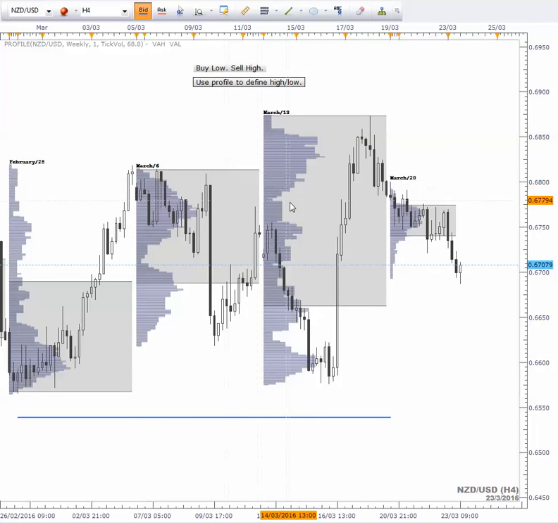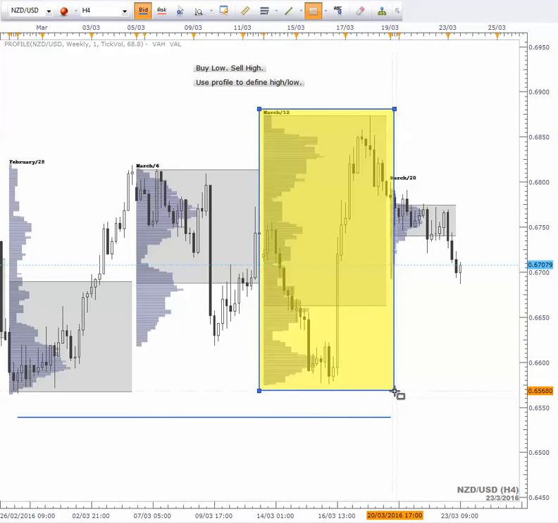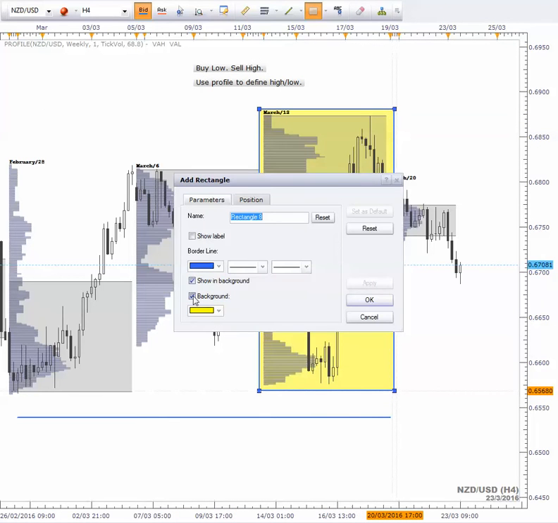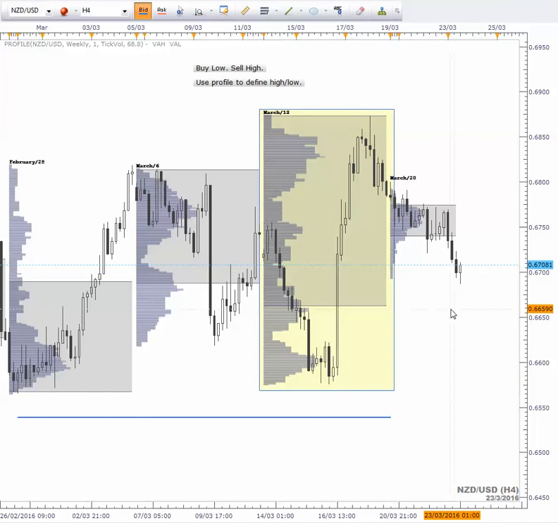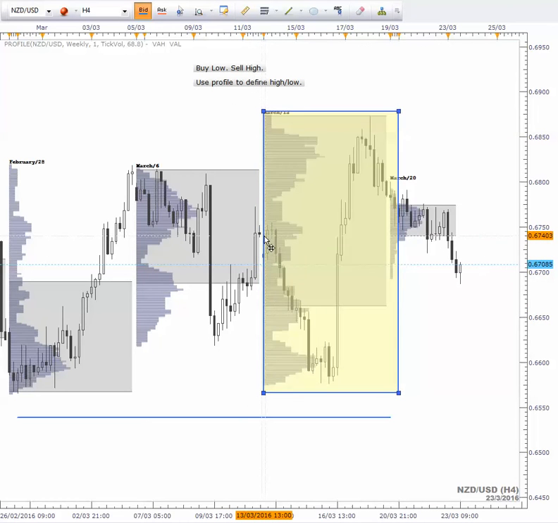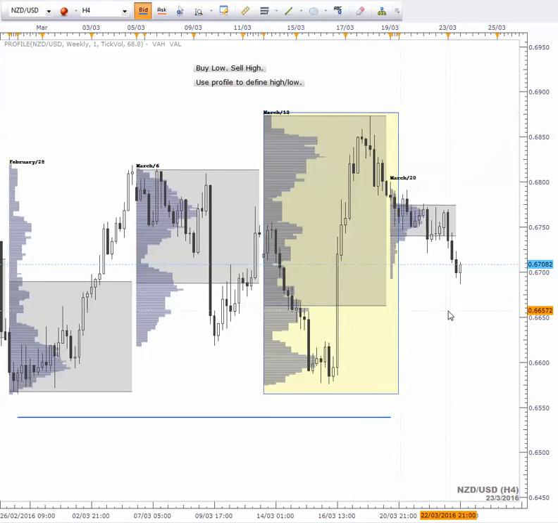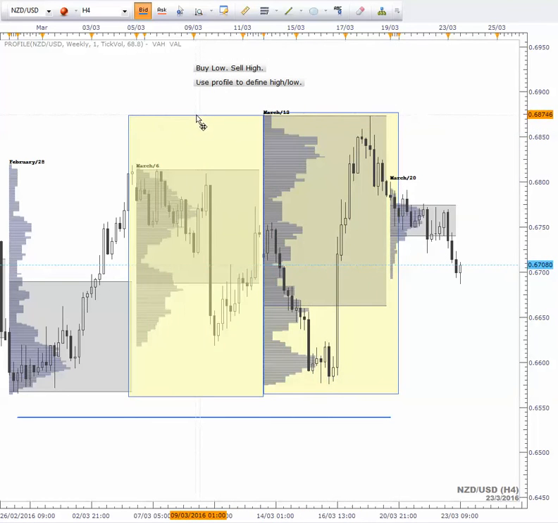So if I was looking to trade in this week here, I would be using the profile from this week here.